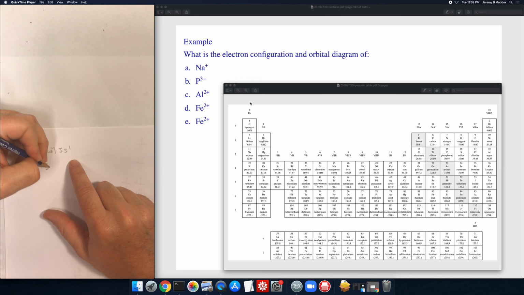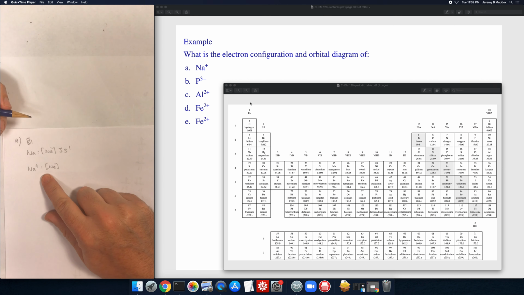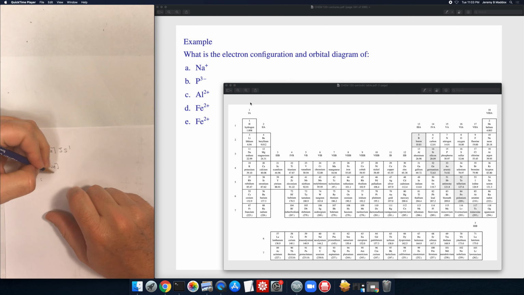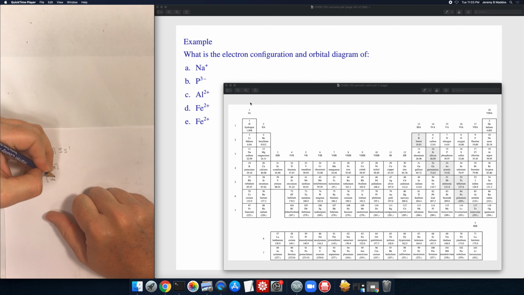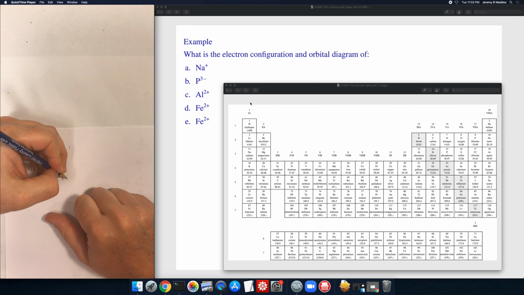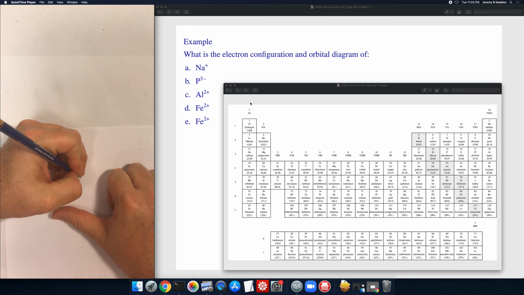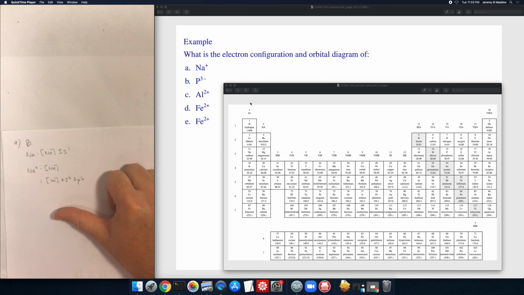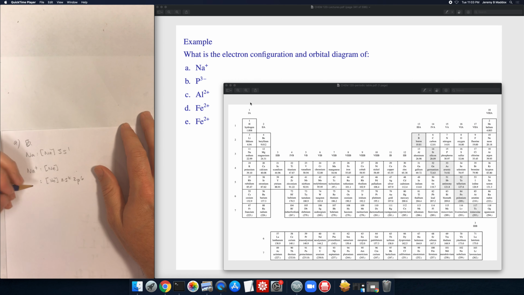So you wind up with just a neon core. So the sodium cation is isoelectronic with neon. It's probably best to write that as a helium core, 2s2, 2p6, like that.